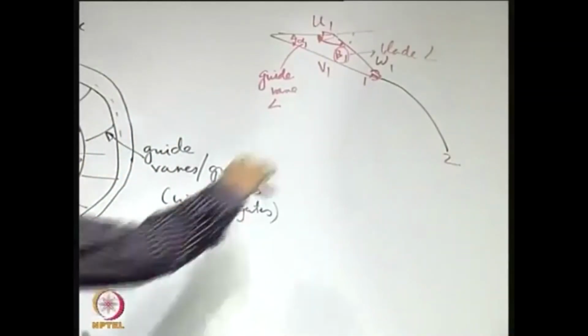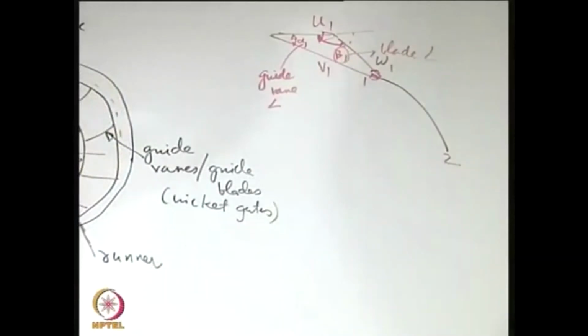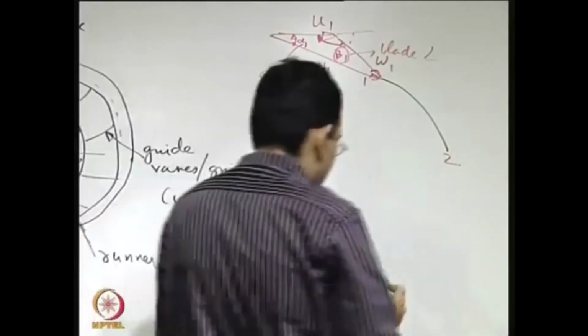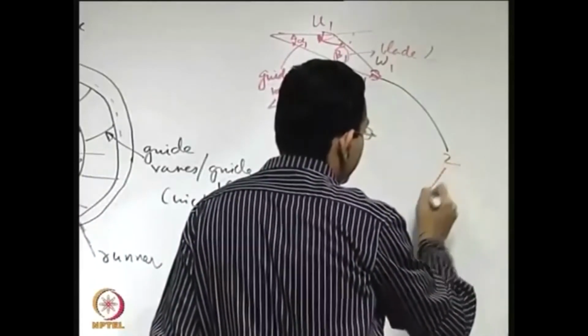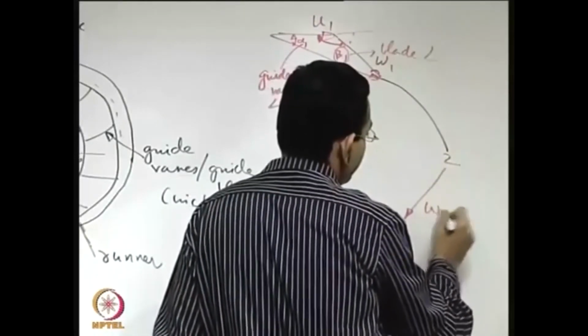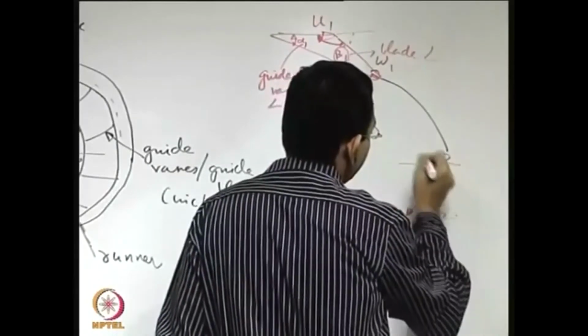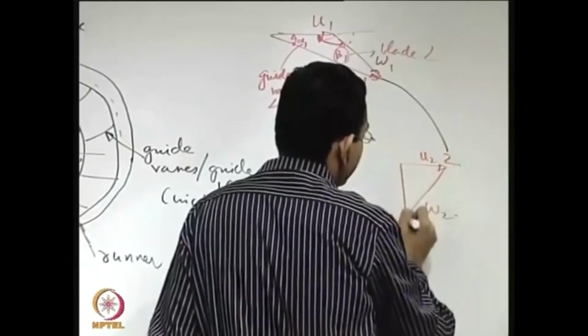Here we will be following this convention where we consider this angle as beta 1, because that will make our analysis consistent with what we did for the centrifugal pump. Then for the outlet, the water is coming say like this with W2, then on top of that there is U2 and the resultant is V2.